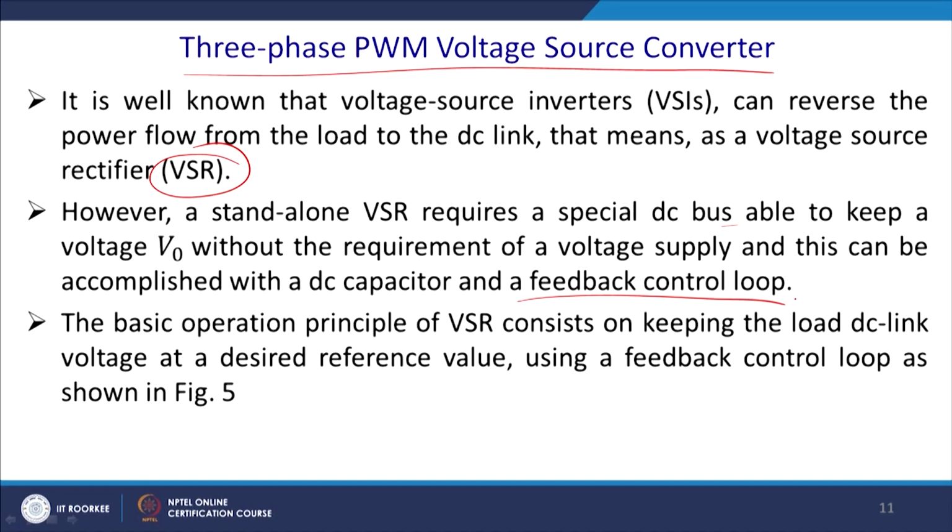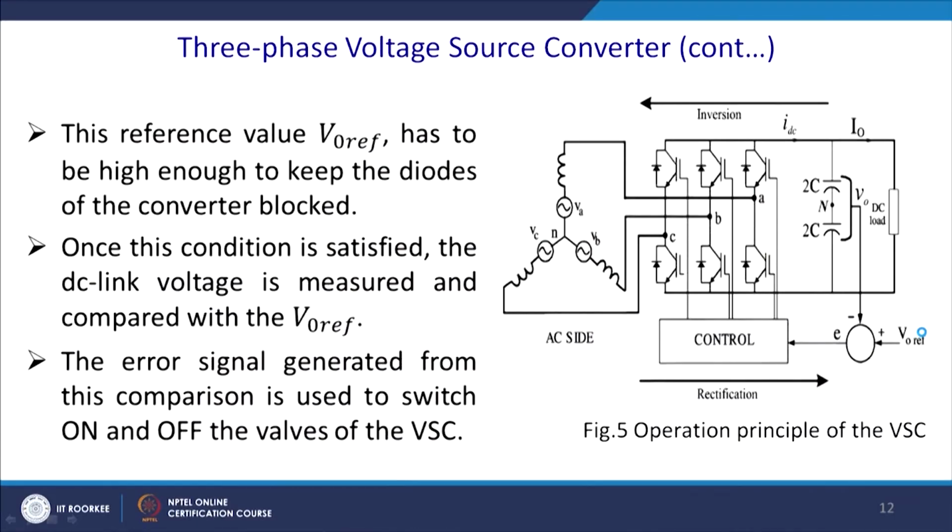The basic operation or principle of the VSR consists of keeping the load DC link voltage at a desired level using the feedback control as shown in this loop. You can see that you have a control, since you are boosting. So, you have a V output ref, and you sense the output and subtract it, and it will be put into generally a PI controller.